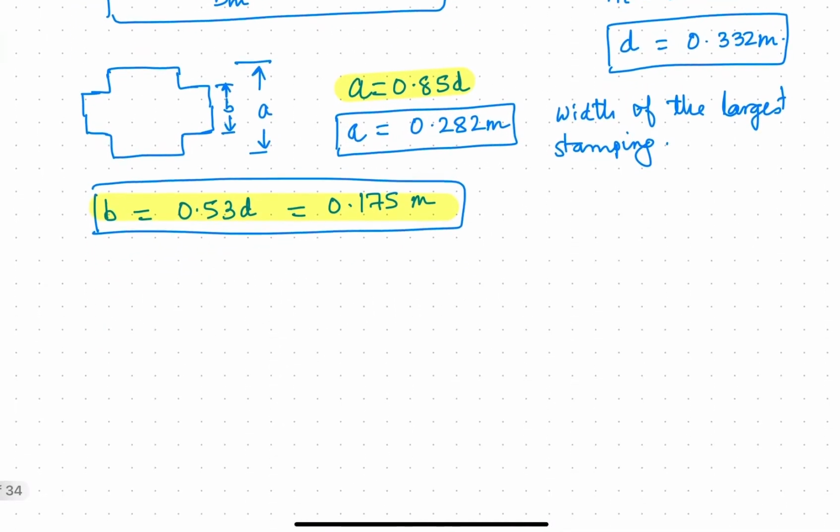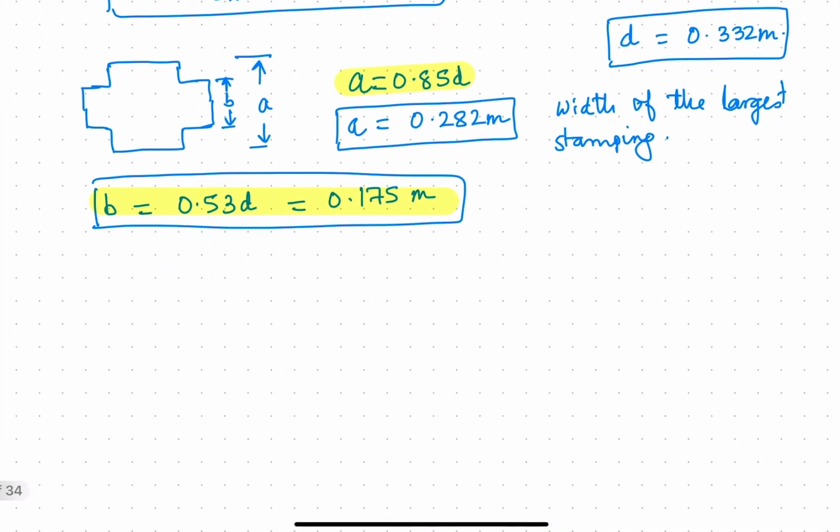Now, the height of the yoke HY is about 1 to 1.5 times A. If we assume the value to be 1 times A, we can simply say that the height of the yoke is the width of the largest stamping.